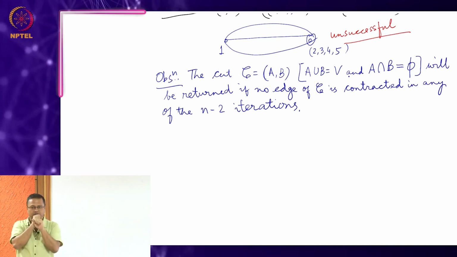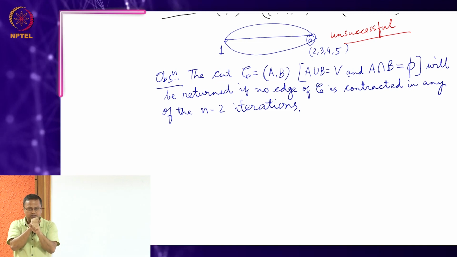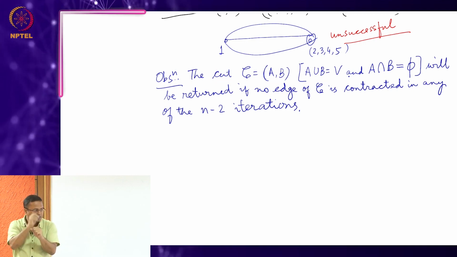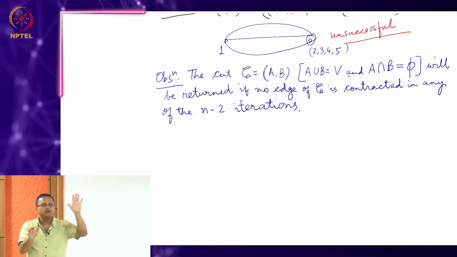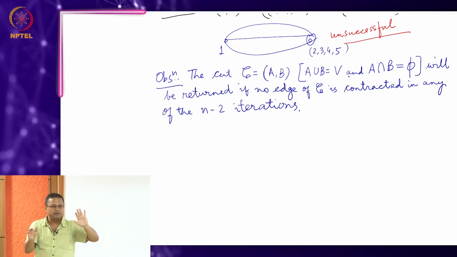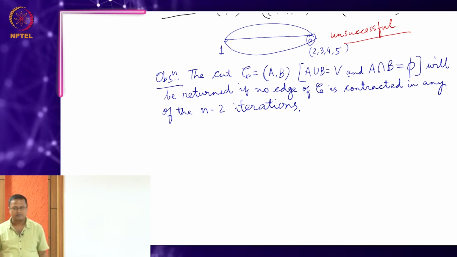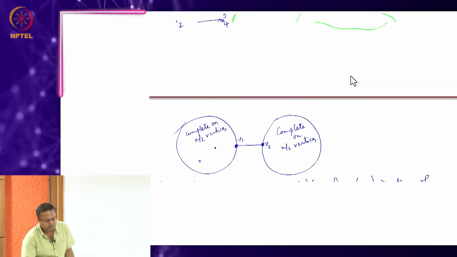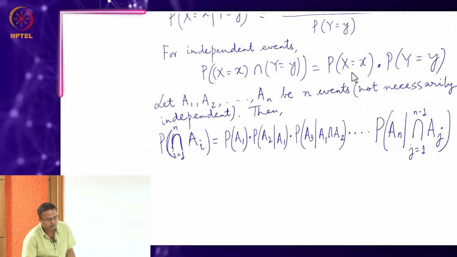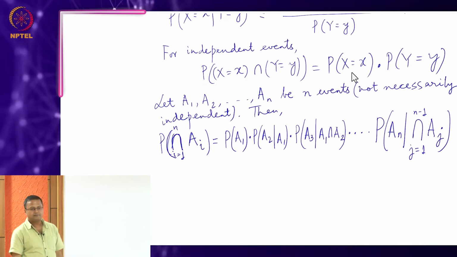Come to the third iteration. No edge of the min cut disturbed here, conditioned on the fact that no edge was disturbed in the first and the second. So intersection of that. Are you now getting something like this?